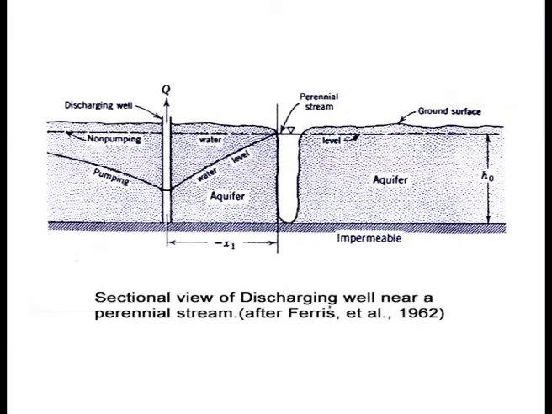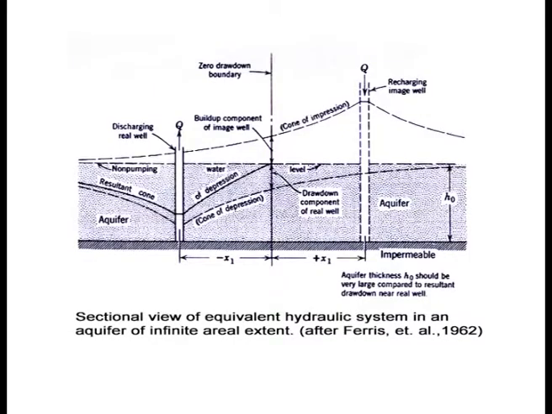Suppose a stream figure is given. If you see this figure, a well is pumped near the stream or a river. You see the pumping water level is intersecting there. In this type of situation, we will assume that there is another image recharging well, and the rate of recharge is equal to the rate of discharge.